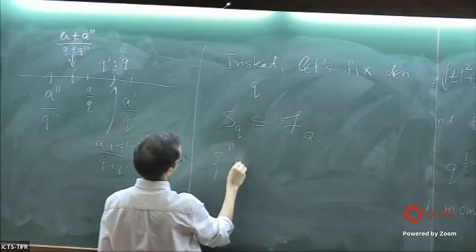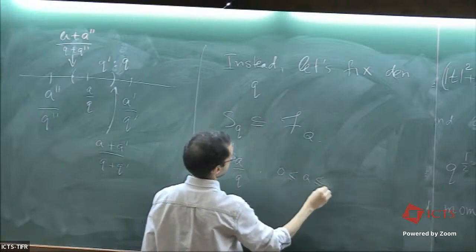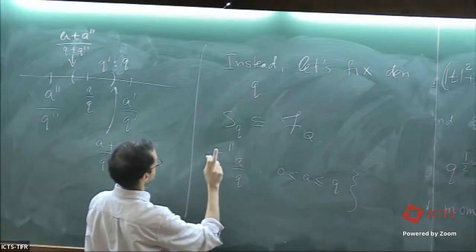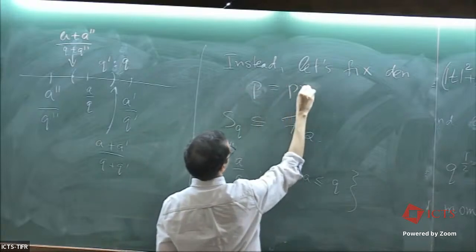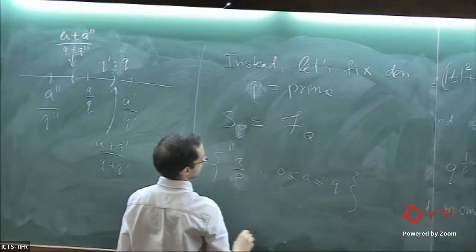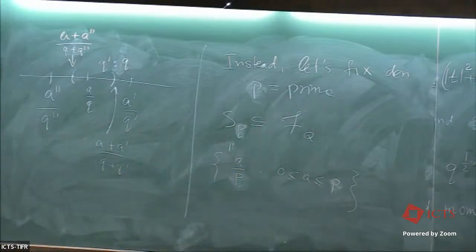And this is a very silly thing. It's just a over q, where you have all of these. And maybe let me take it to be prime, along with 0. And do the same idea and see what you get.